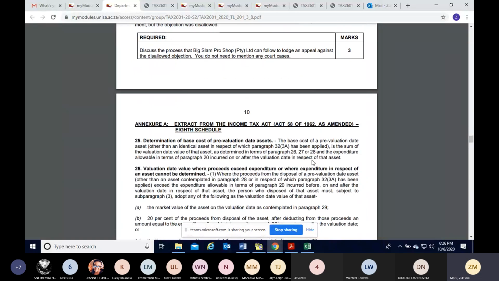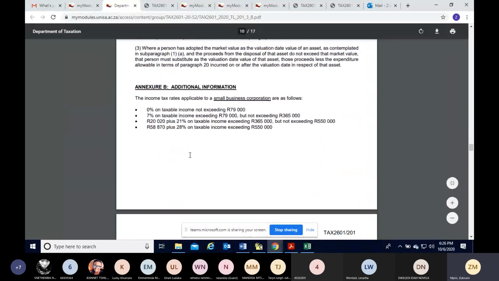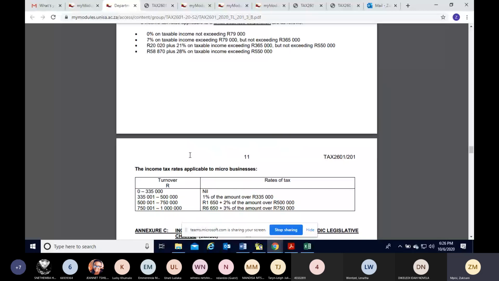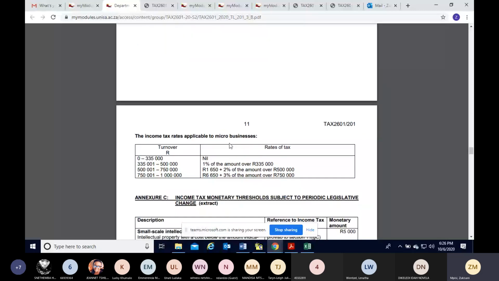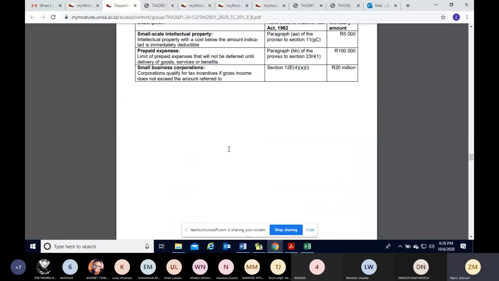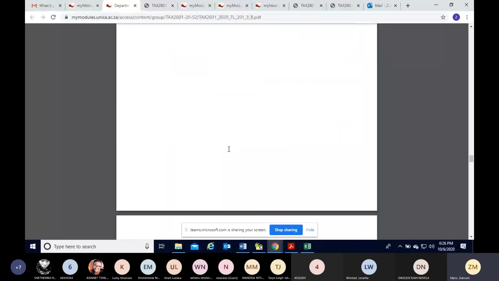So this information will be provided in the exam. Tax rates will be provided in an exam other than the normal tax rate. So the tax rates applicable to micro businesses and small business corporations will be provided. Binding general ruling information will be provided as well.